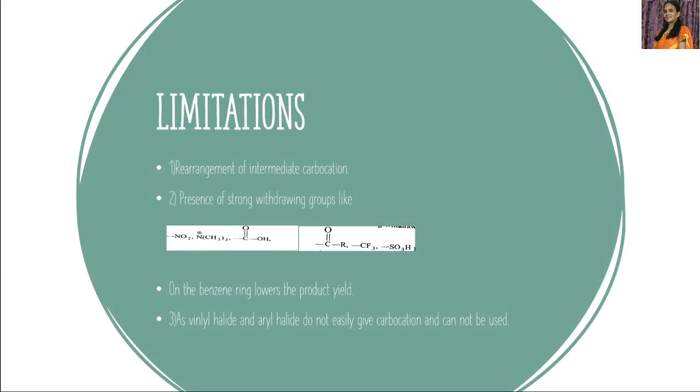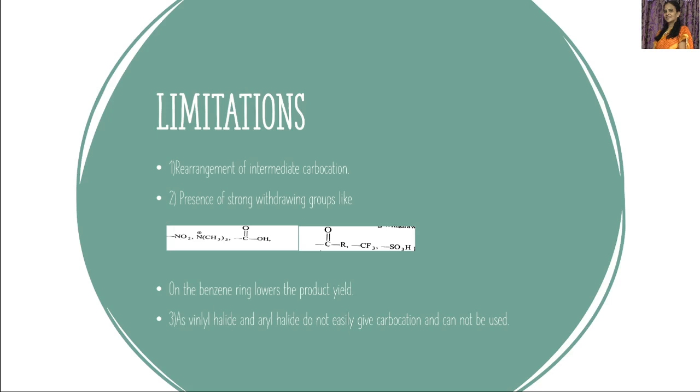Now, what are the limitations of these electrophilic substitution reactions, especially Friedel-Crafts alkylation reactions? Let's see. The first one is rearrangement of the intermediate carbocation. Then polyalkylation takes place.